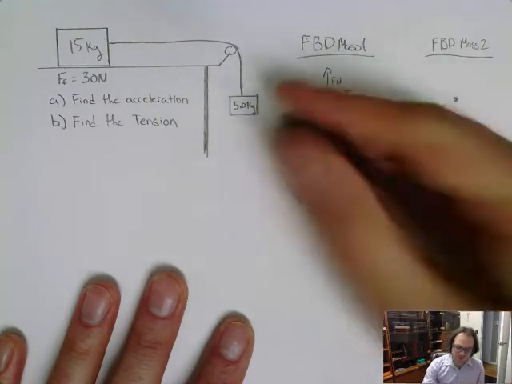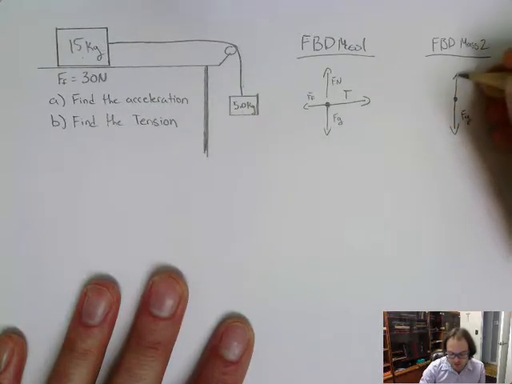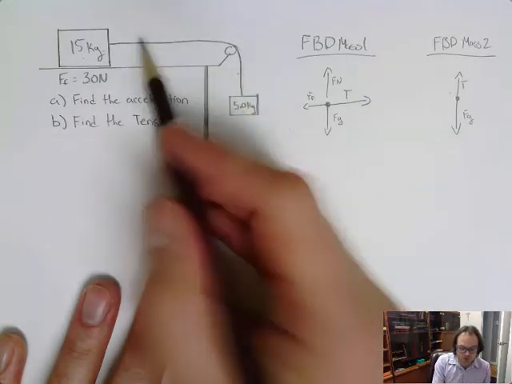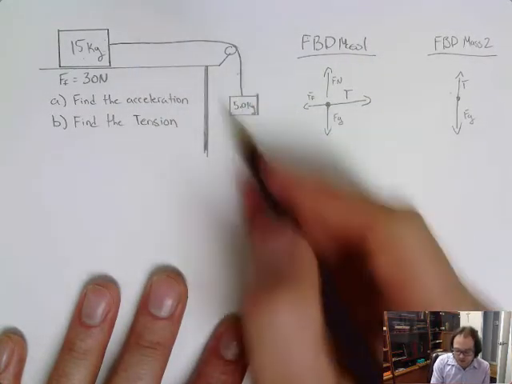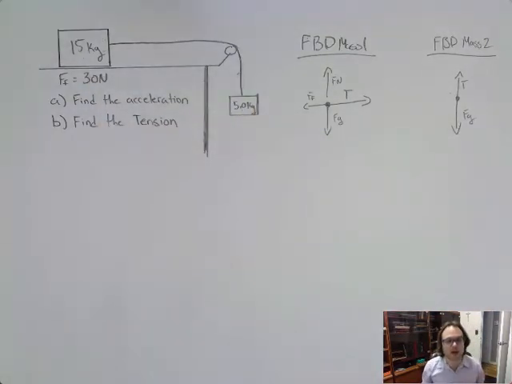We're going to assume that this is going down, so we're going to say my force of gravity is bigger than my tension. This tension here should equal the tension here. Here the tension's in Y, here the tension's in the X.